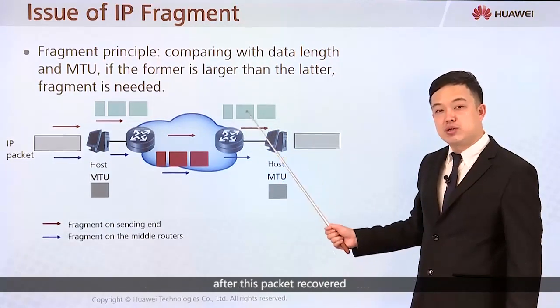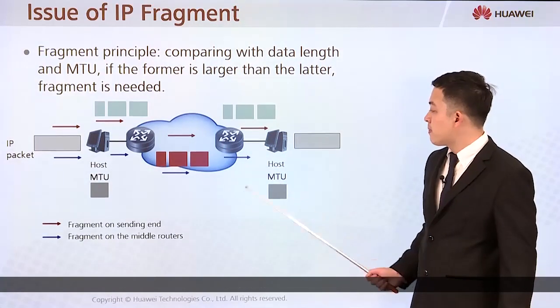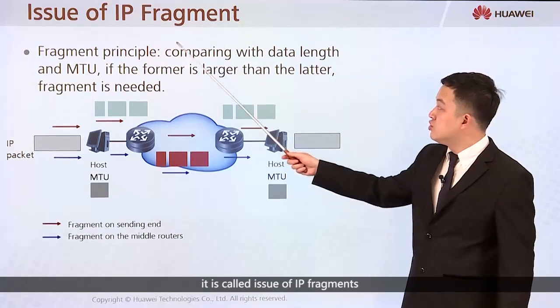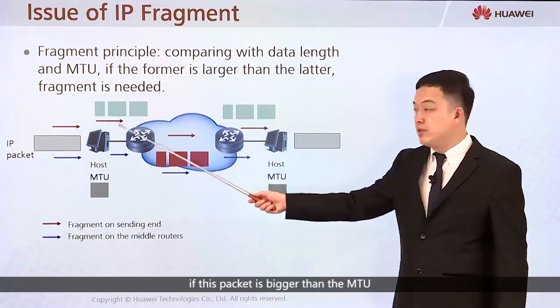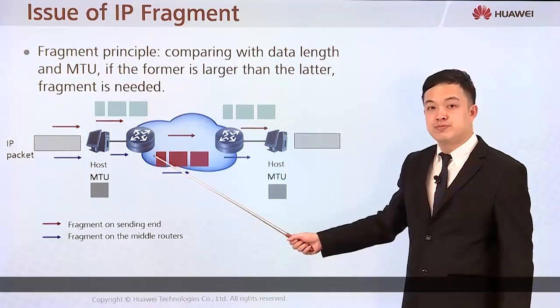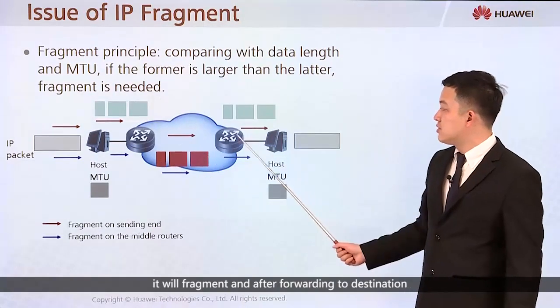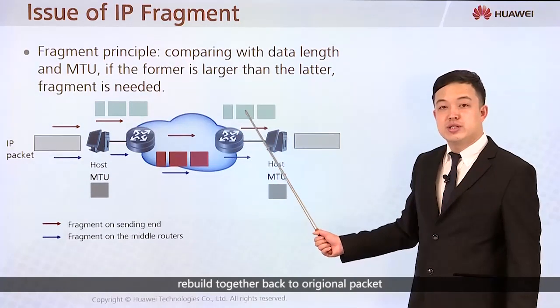After this packet is recovered, it is then forwarded to the host. This is called IP fragmentation. If a packet is bigger than the MTU, it will be fragmented, and after being forwarded to the destination, rebuilt back into the original packet.